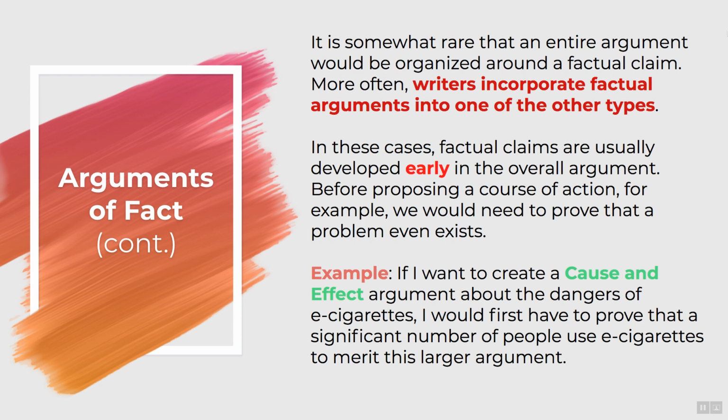And then we would move on to talking about what we're proposing, why that would be feasible, etc. Another example I have here, if I want to create a cause and effect argument about the dangers of e-cigarettes, I would first have to prove that a significant number of people actually use them. Otherwise, the argument becomes moot. It's not a meaningful argument. There's really no exigence for it.